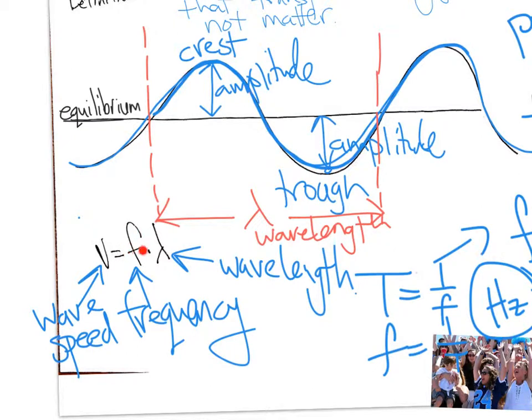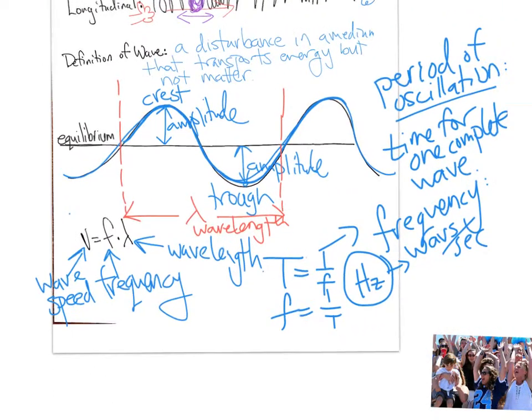So this is how many waves per second, and this is how long each wave is, and if we multiplied them, we would end up with velocity in meters per second. Okay, so that sounds good.